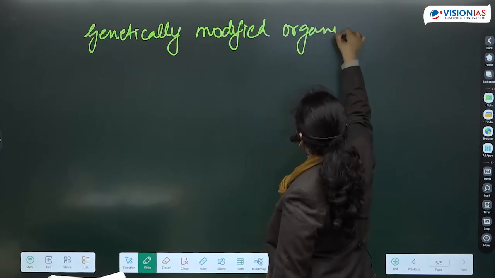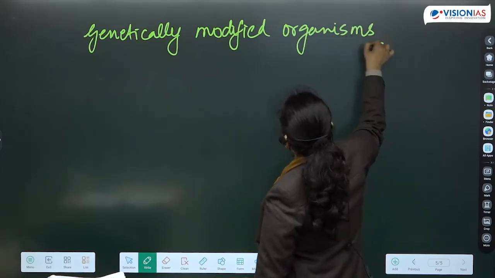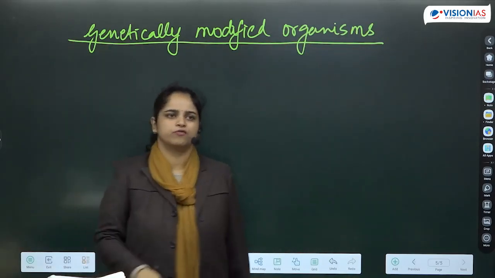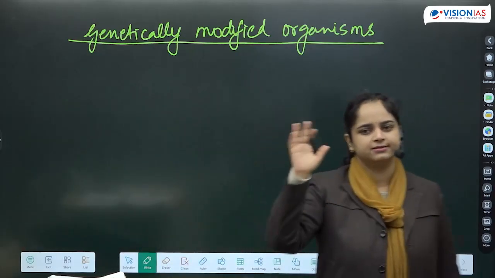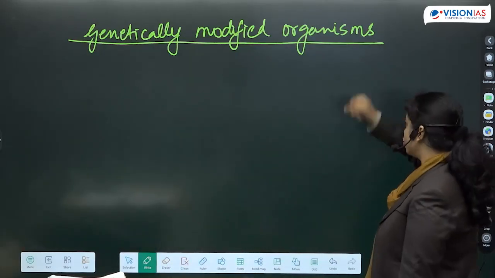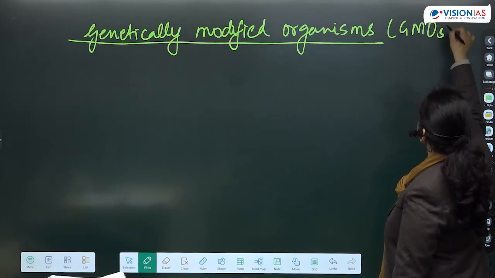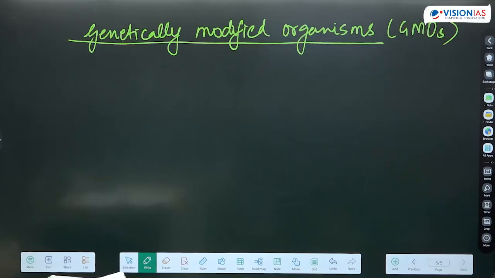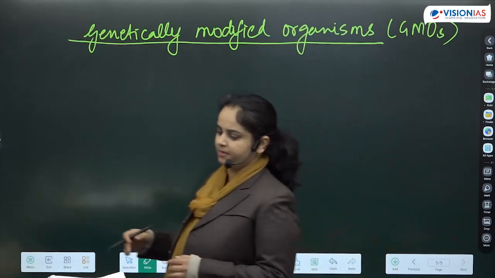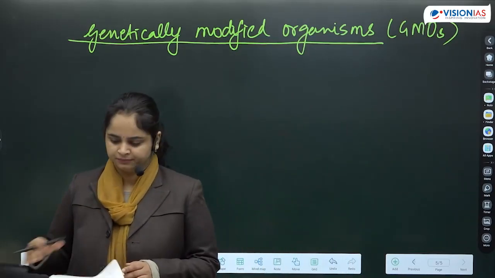So all the technologies which we have spoken about till now, from gene editing to gene silencing, recombinant DNA technology, whichever form we use, if we are making some changes in genetic material, that organism is going to be called a genetically modified organism, or in short GMOs. You can write this term in one line, please write. Genetically modified organisms.